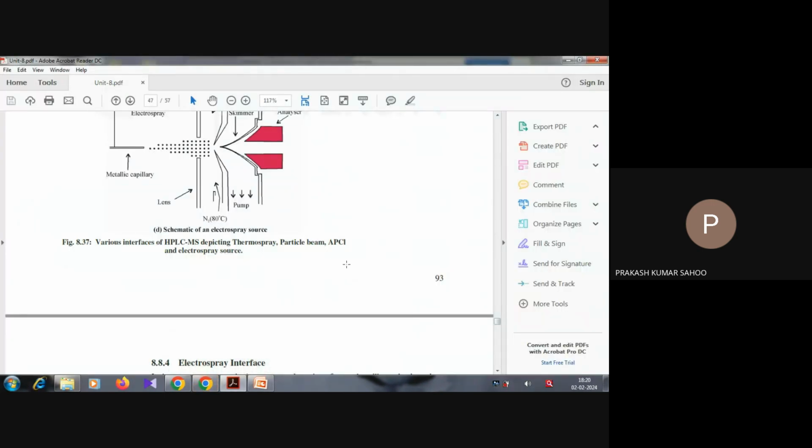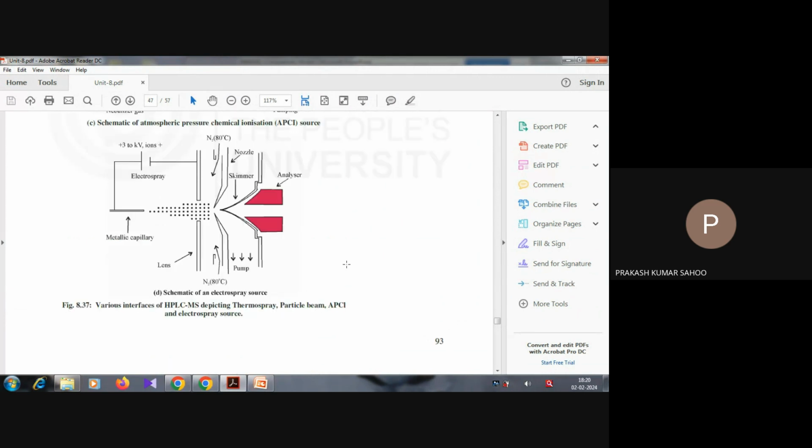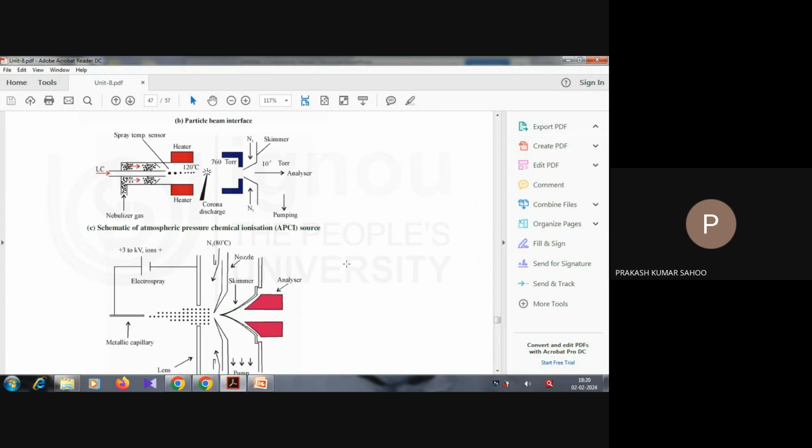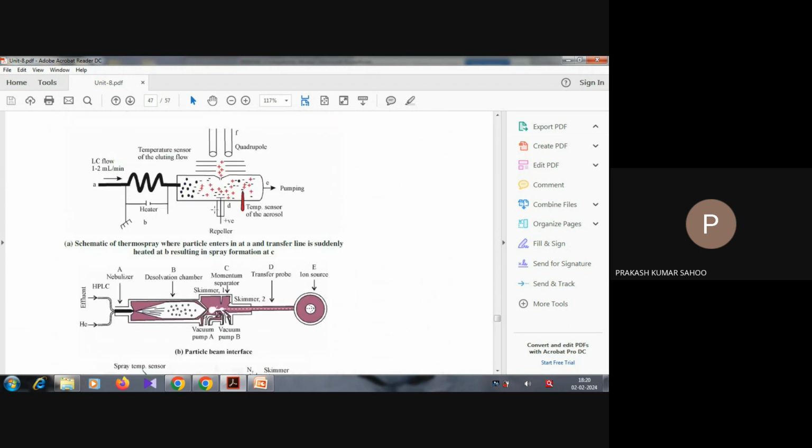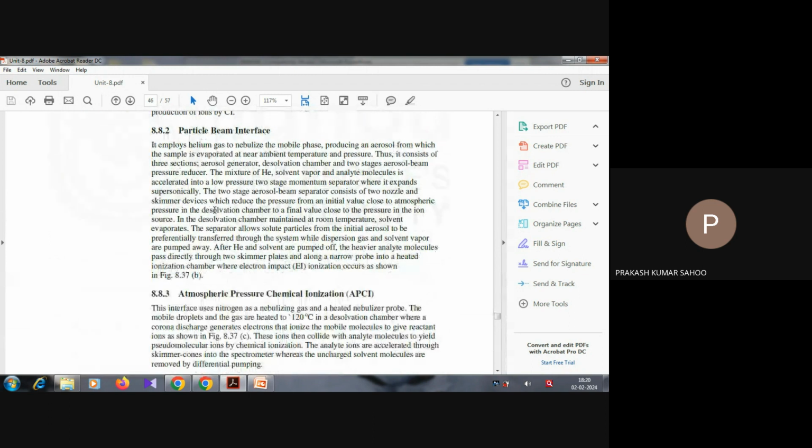So just try to read out these four things from this unit, and I am sure that from these four you will get questions for your examination, and the other things are not needed from your examination point of view.